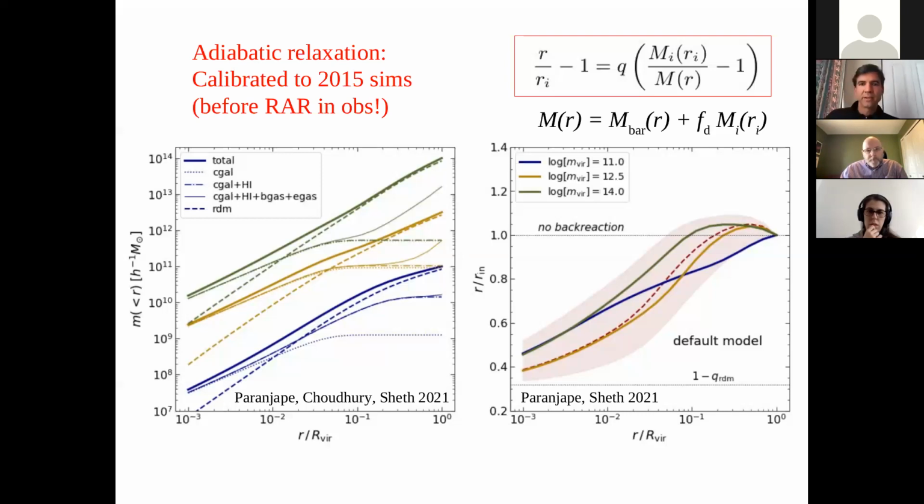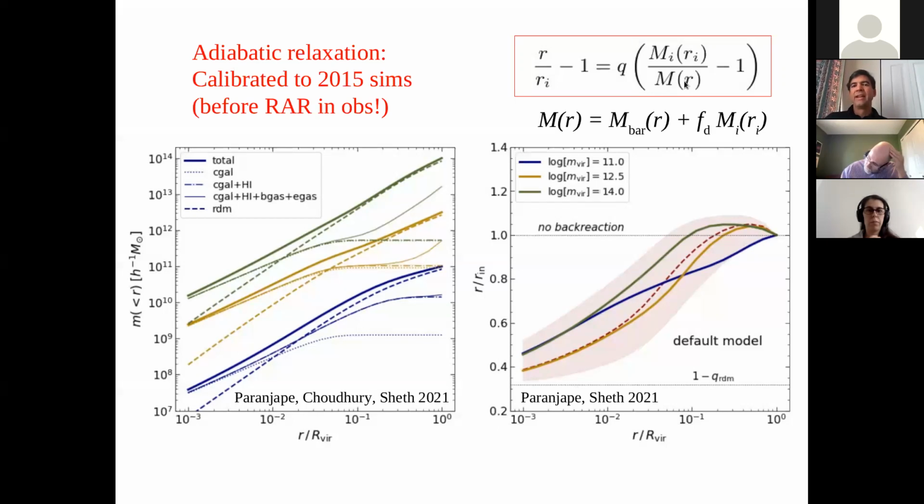So the crude way people think about this is to say the mass that was initially at some scale R initial can end up at a final scale. In the example I just used, it shrinks to a smaller scale, R final. And the amount by which it shrinks is related to the mass that was initially inside the initial radius and the mass that is finally inside the final radius.